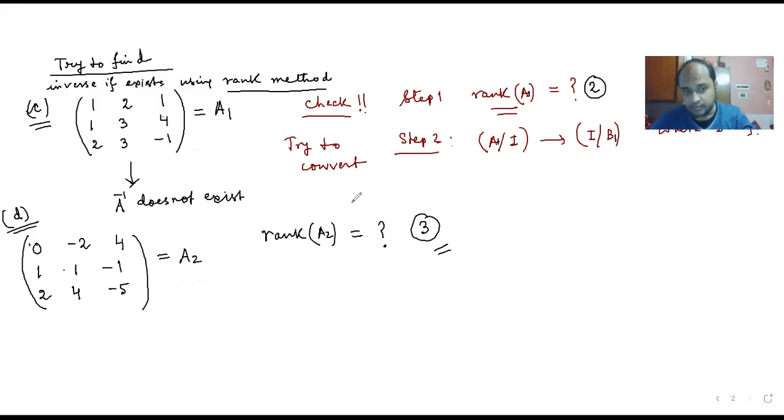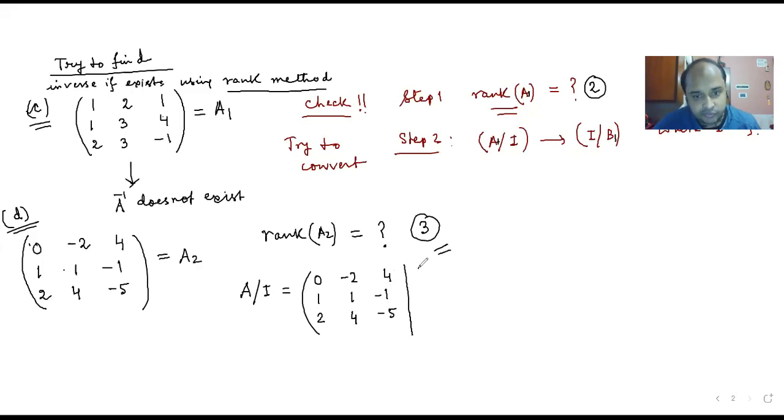So you are correct. Now, since the rank of the matrix is 3 and it is the same as the order of the matrix, your job is to take this matrix into consideration: 0, -2, 4; 1, 1, -1; 2, 4, -5, and you augment this with the matrix 1, 0, 0; 0, 1, 0; 0, 0, 1, and you try to find out what is its equivalent form given by [I | B].